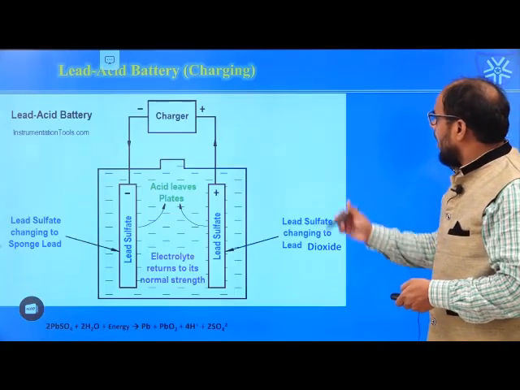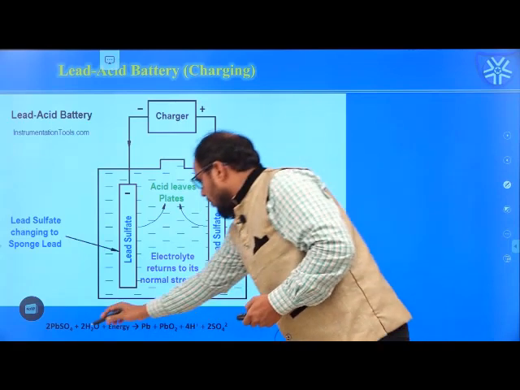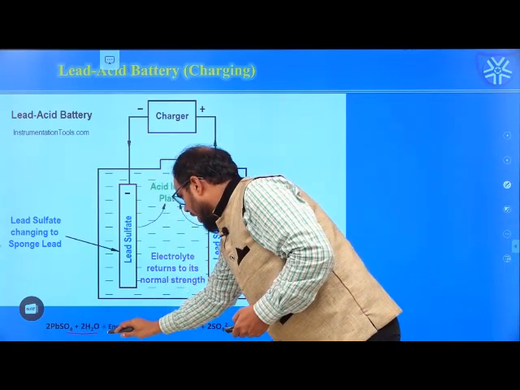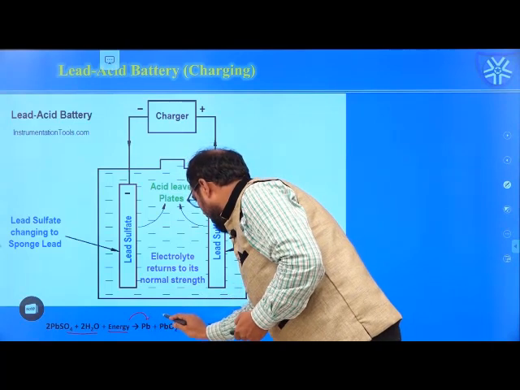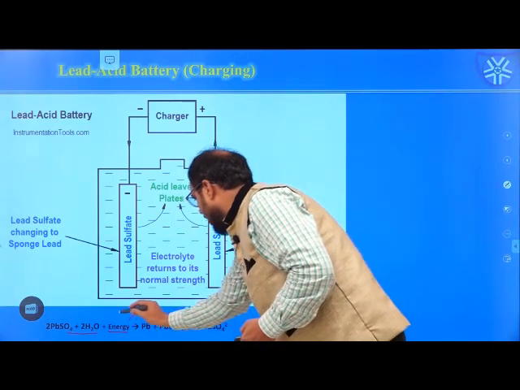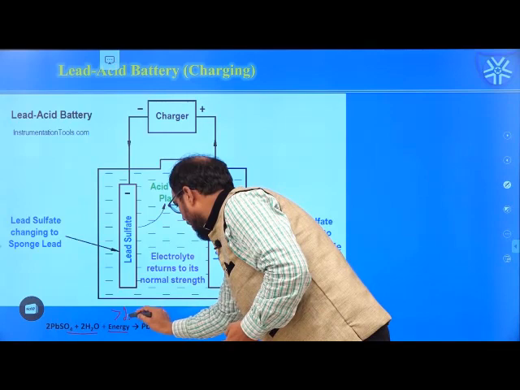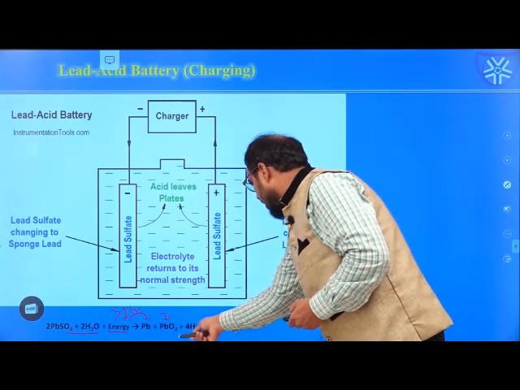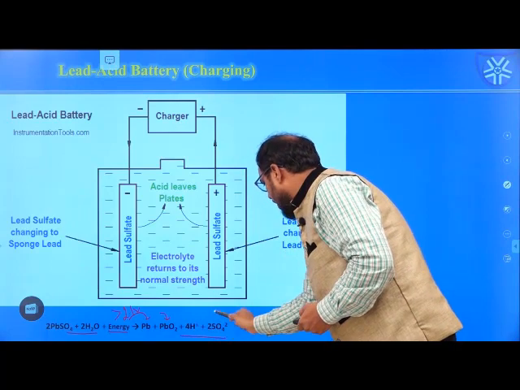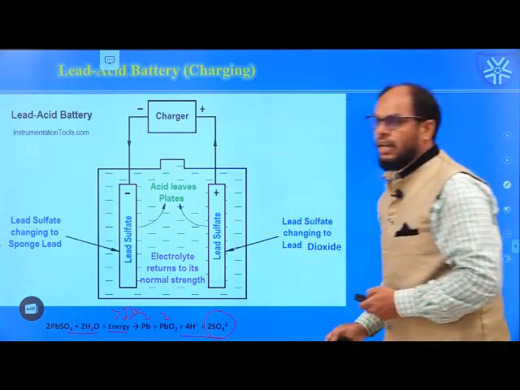So, during the charging process, two molecules of PbSO4 have to break down to Pb and PbO2 with energy greater than 2.1 volts. We can see in this reaction H plus ions and SO4 minus ions are released.